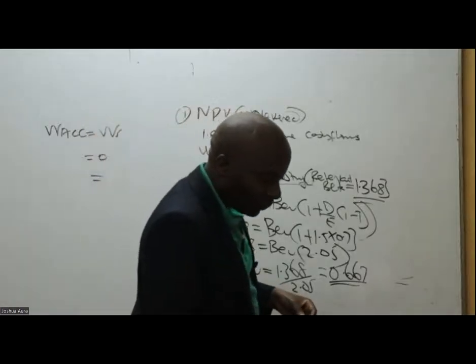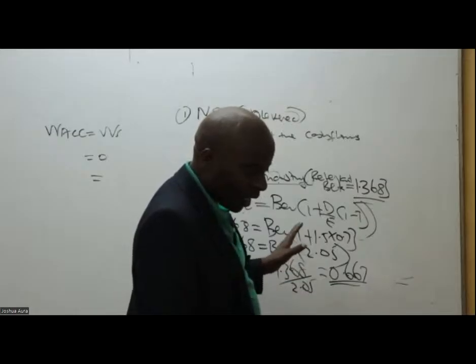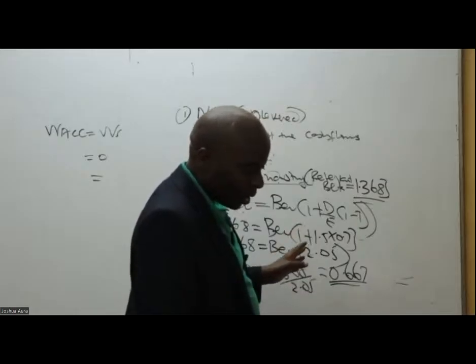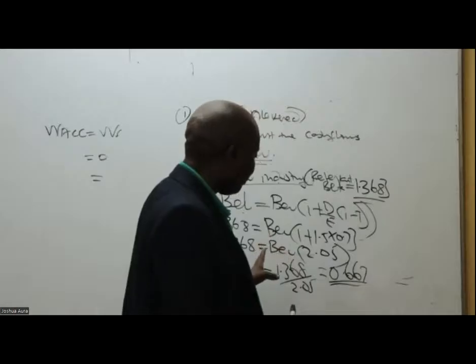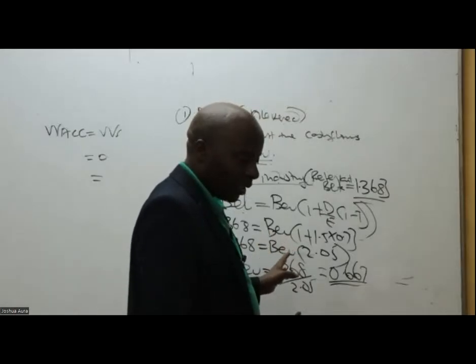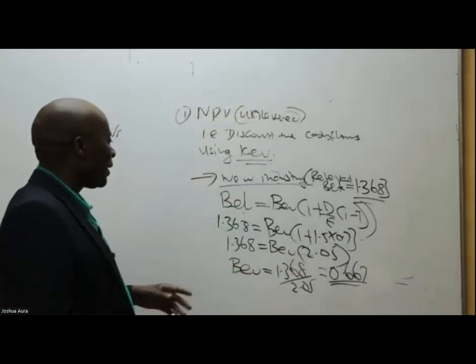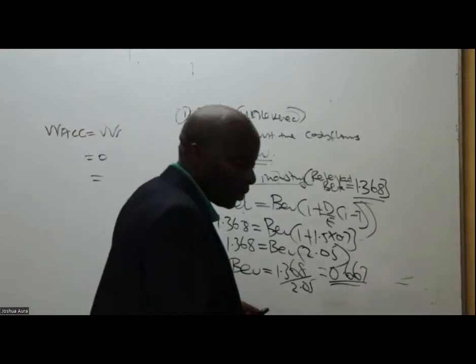So now, if they want me to give this NPV unlevered, this 0.667, I'm being told it is correct. Beta equity of the unlevered firm, I'm being told the figure is okay. So then what do I need to do?